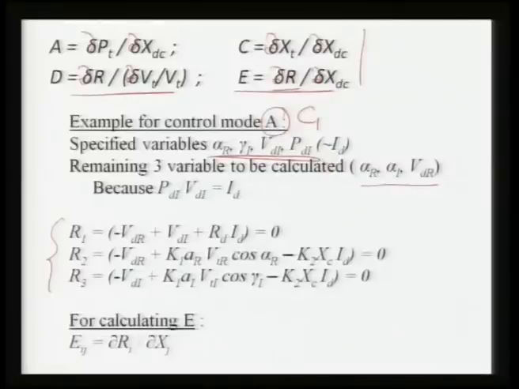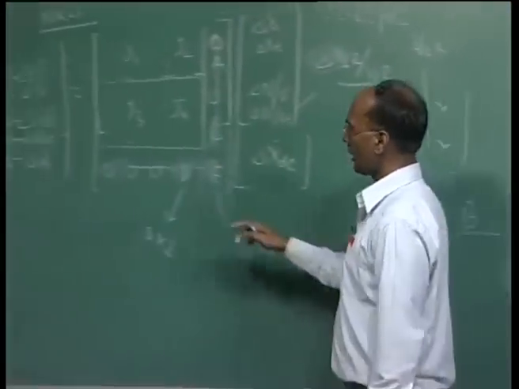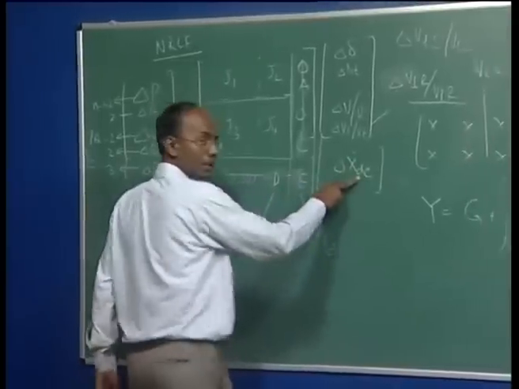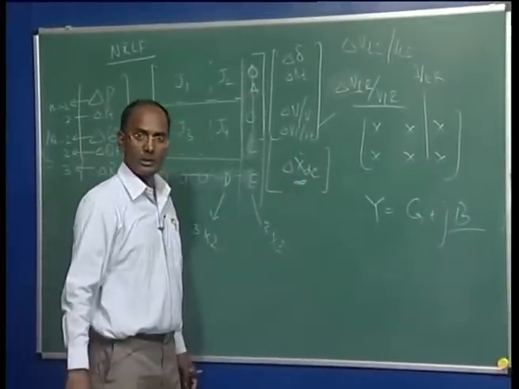So, first I will calculate this E, that is a square matrix, very simply. This is nothing but the R here, we are just differentiating R with respect to XDC. Now, what are you denoting by X?